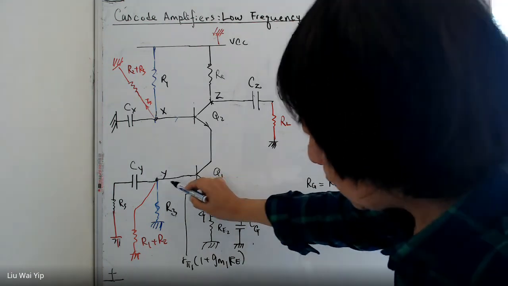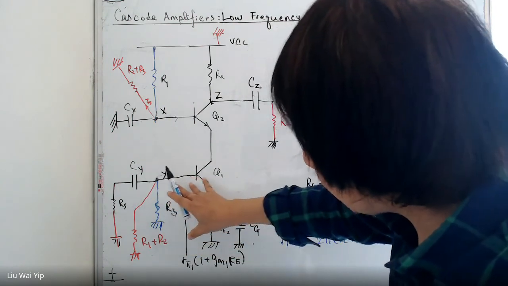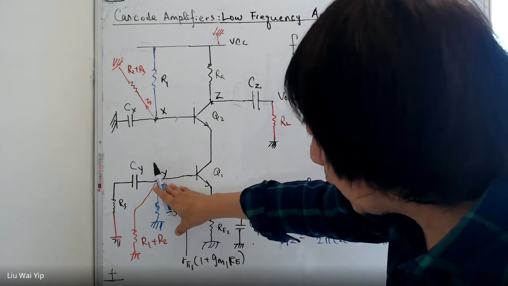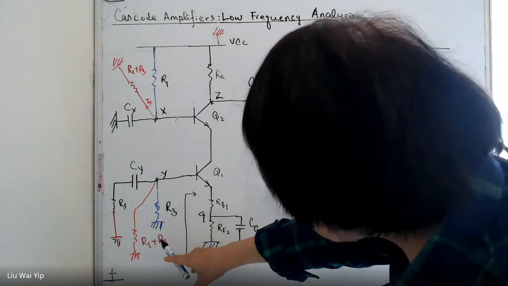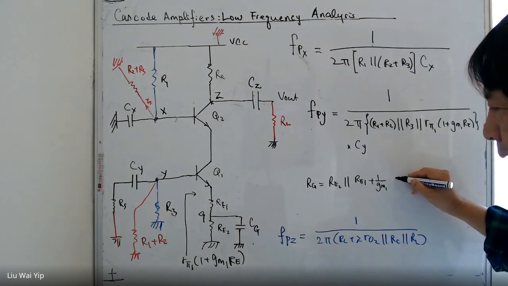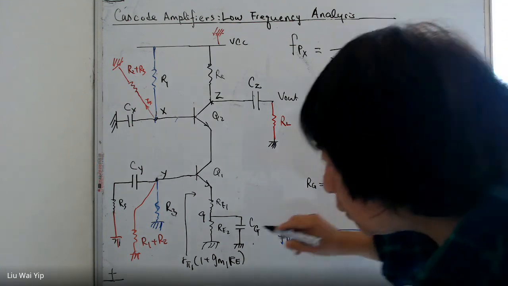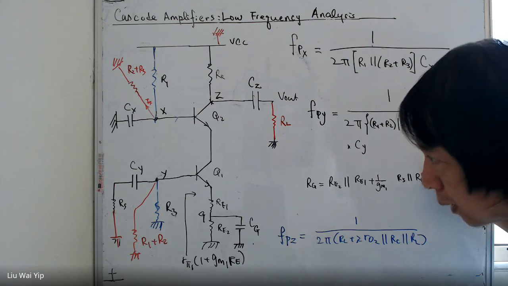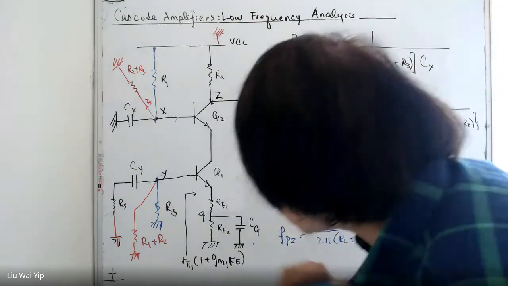And because they are not in the same current environment, you have to scale it up and move it into here. So we have RB in parallel with R1 plus R2. This is the one.